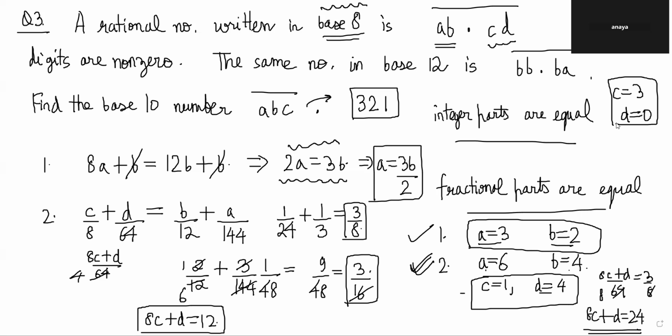And now, is it matching both the situations? The numbers are 64.3, in base 8, and this number is BB, 44.46 in base 12, right?